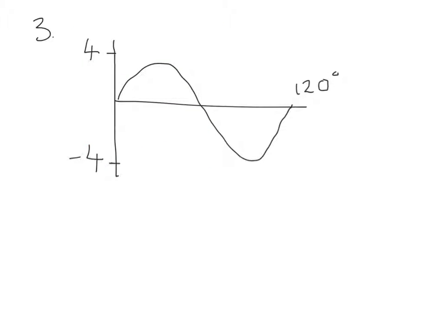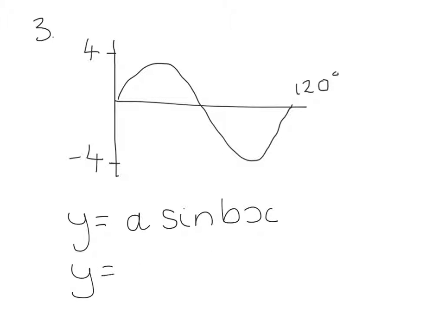Question 3, identify the trig curves. So we want something in the form y equals a sine bx or y equals a cos bx, where a is the amplitude, so looking at the y-axis, and b is how many cycles there are between 0 and 360.